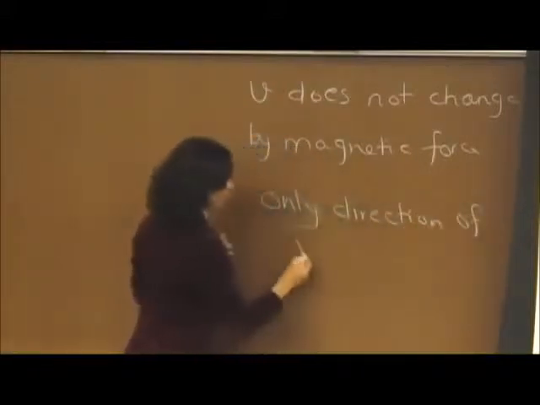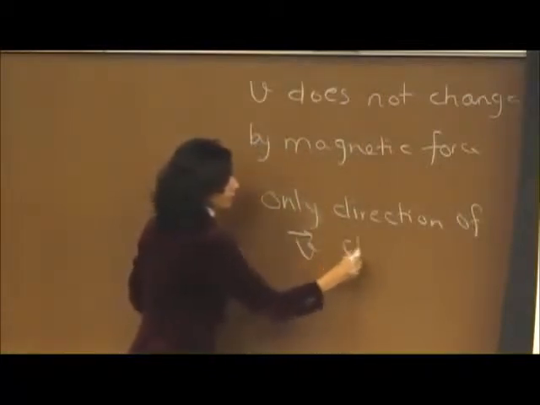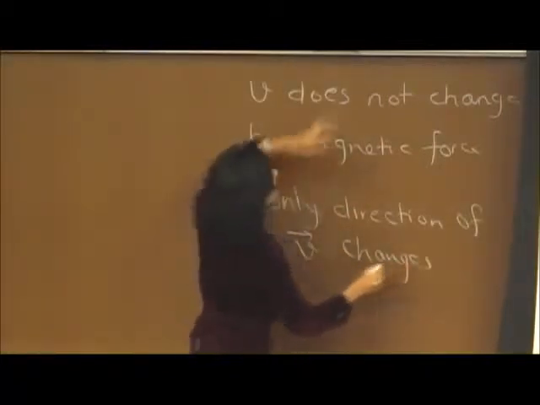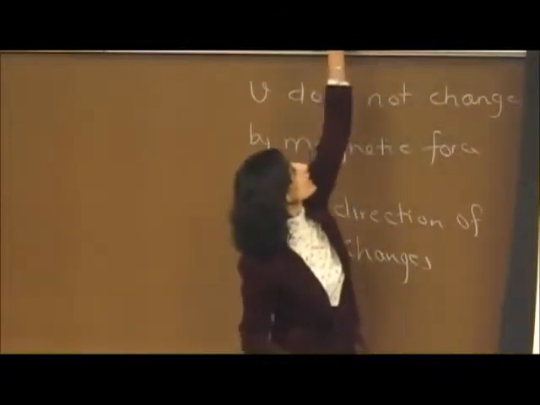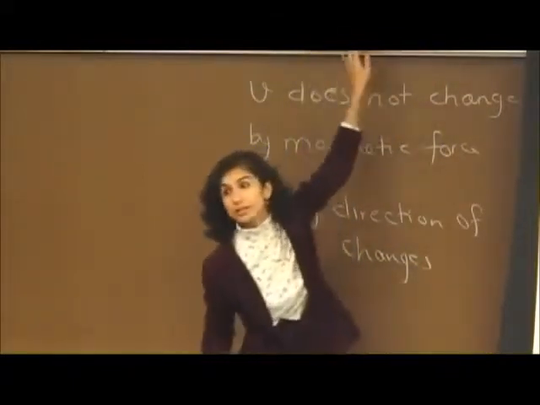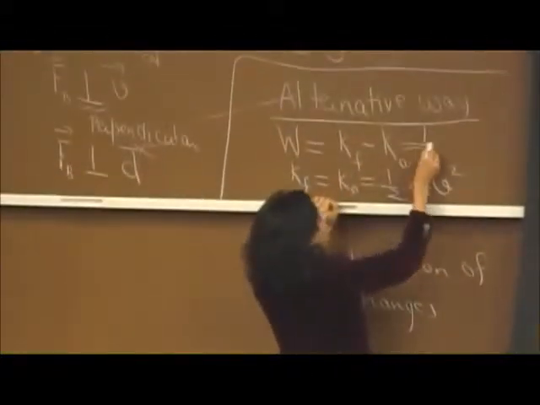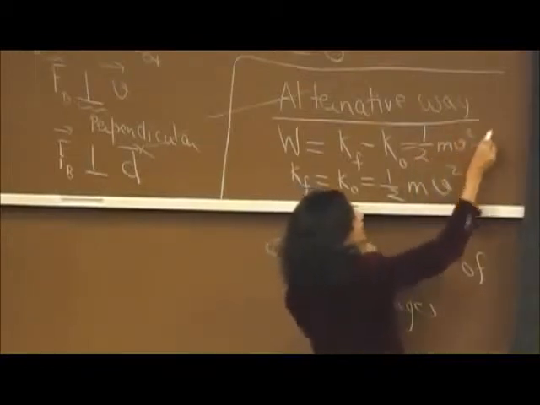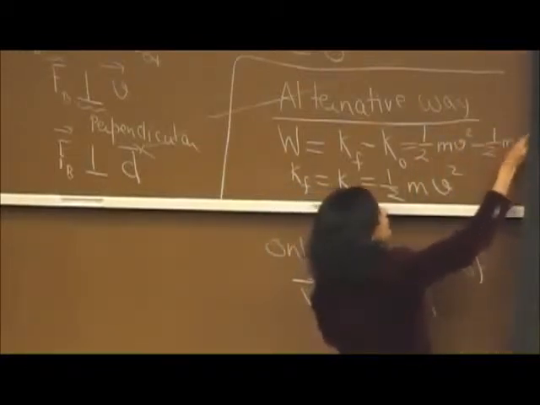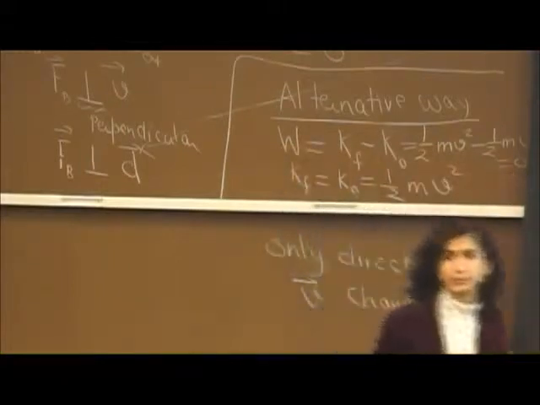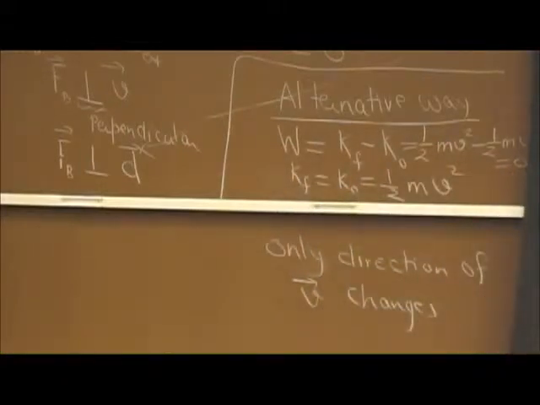Only the direction of the velocity vector changes. And remember, kinetic energy is a scalar quantity, half m v squared. So if this is equal to this, work done must be 0. This is really half m v squared minus half m v squared, which is 0. So there's no work done by the magnetic field. Magnetic force never does work on a charged particle, period. It just makes the particle move in a circle at a constant speed.